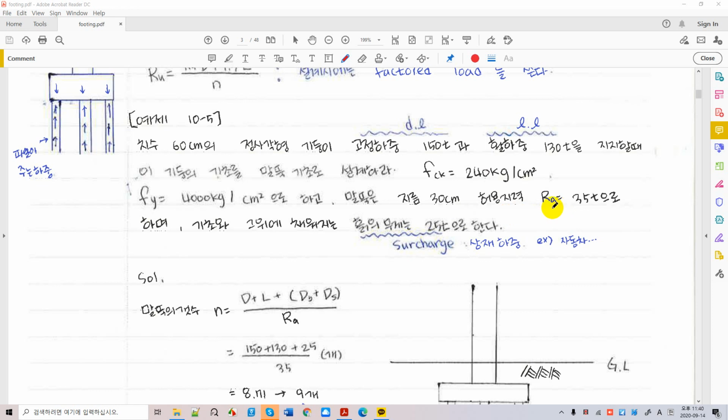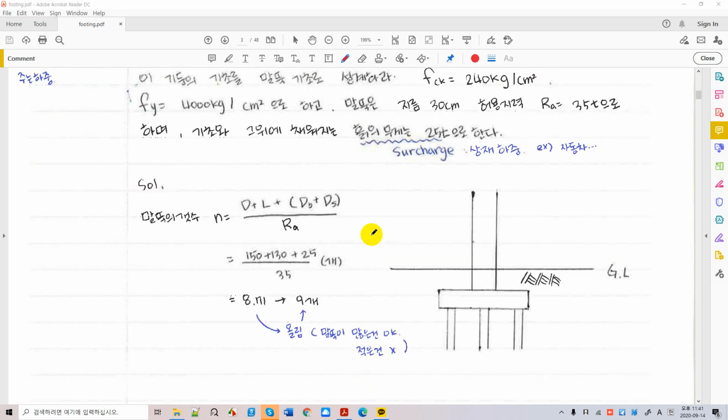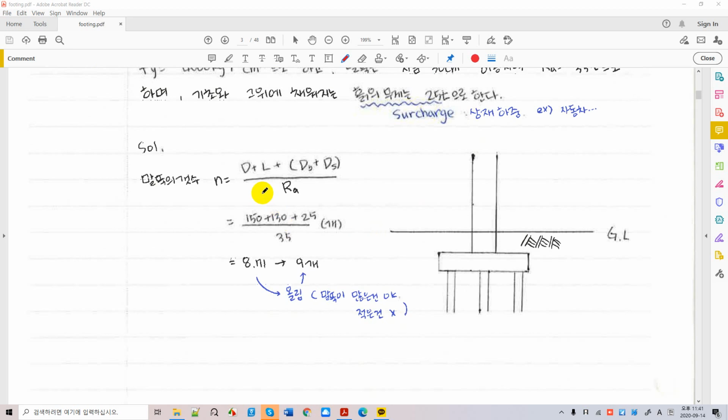And also the pile capacity of one pile is given as 35 ton or 350 kilonewtons, right? Okay, with all these given loadings, now we design deep foundations.